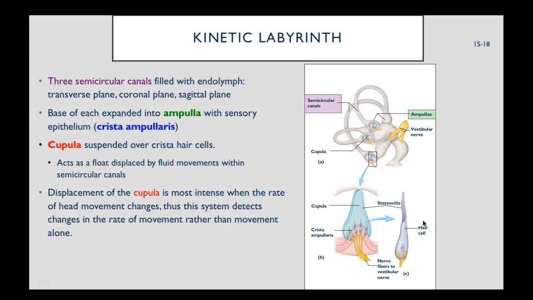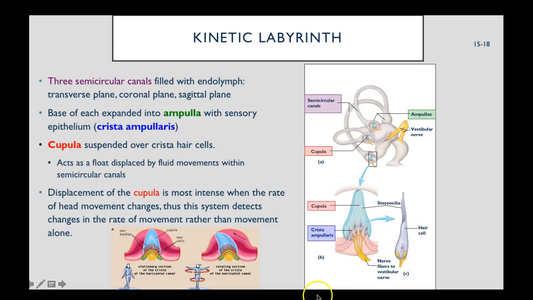You can see at the bottom portion of this image we have this sensory epithelium, and we term this the crista ampullaris. On top of this crista ampullaris, we have the cupula. The cupula is suspended over the crista hair cells, and as we see displacements of these hair cells, we know that our position has changed.